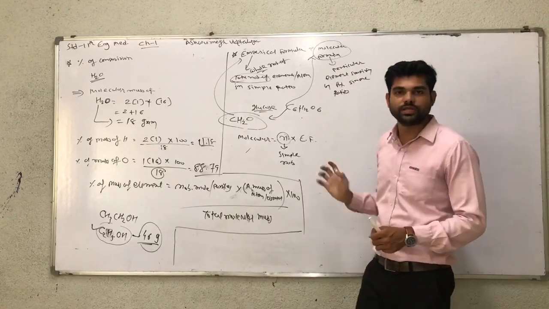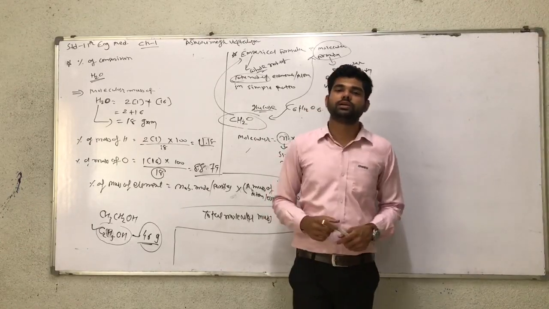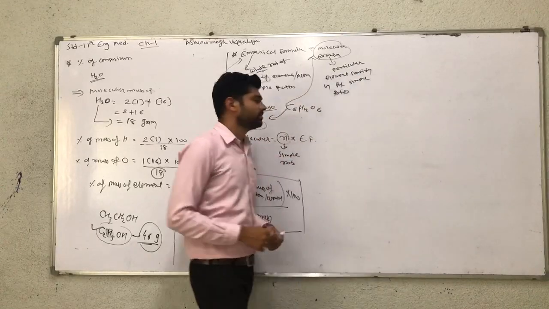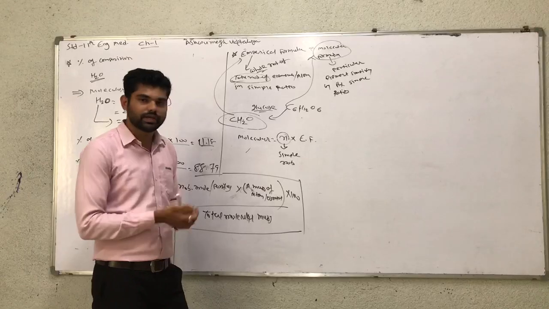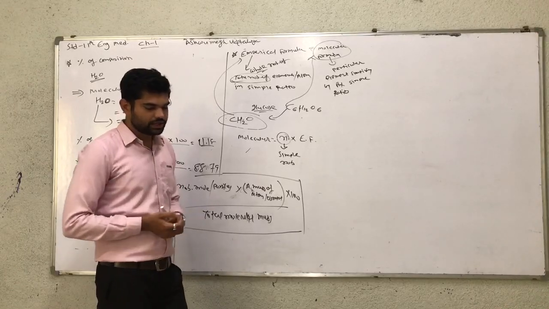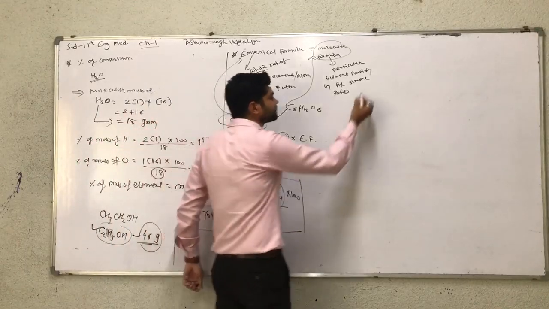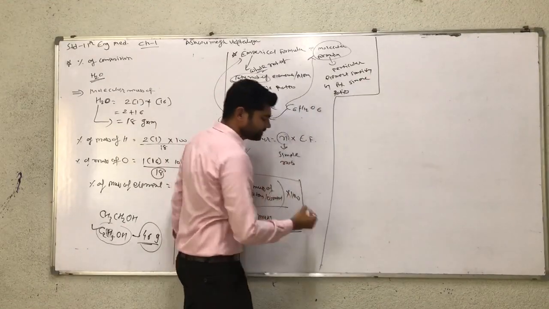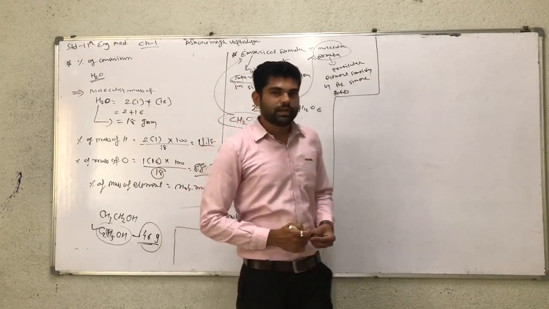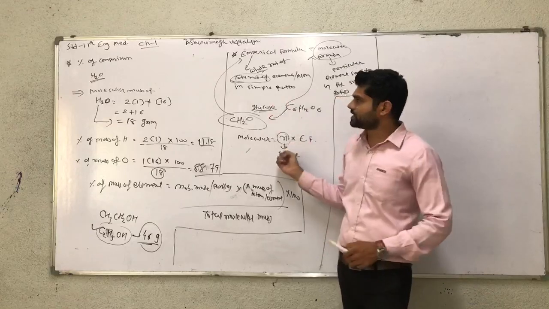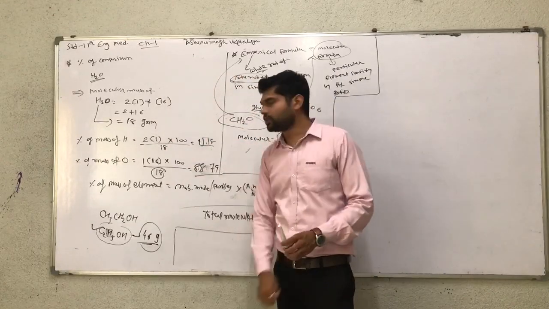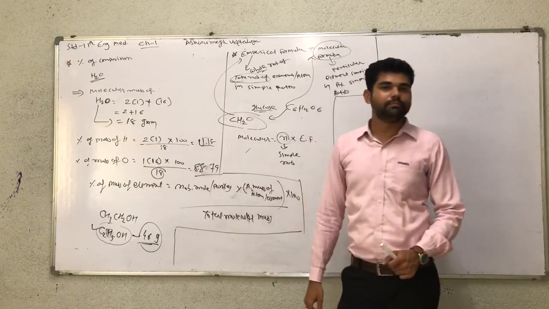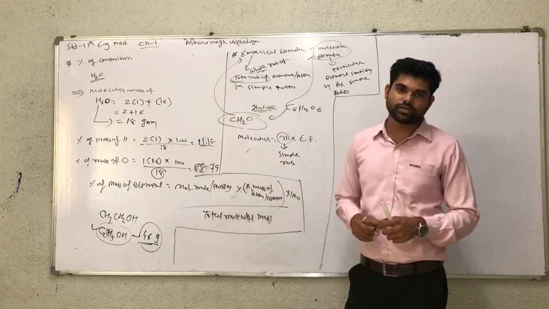So this is the basic difference between empirical formula and molecular formula. Remember this and use it in an example. Let's start with one example and find the molecular formula using this concept. In this topic, percentage composition, molecular formula and empirical formula are all used.